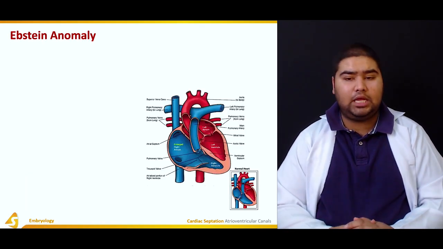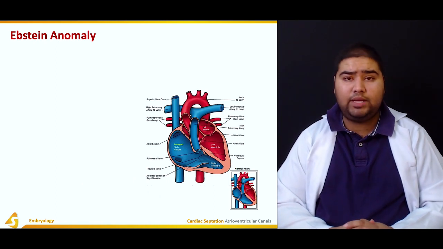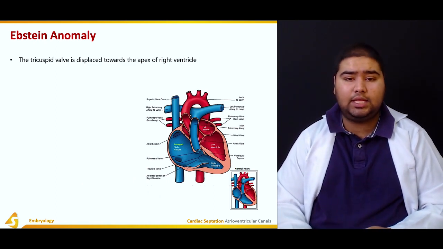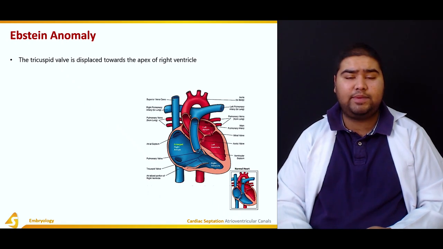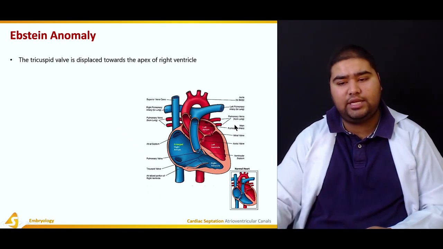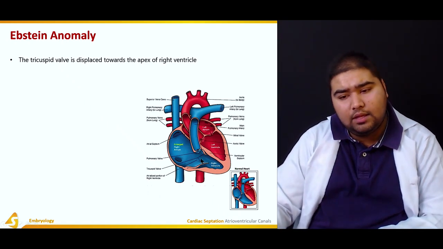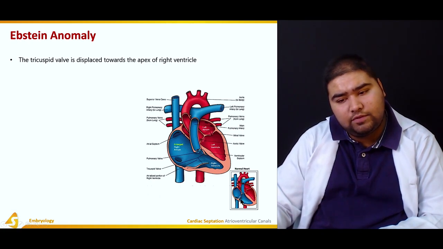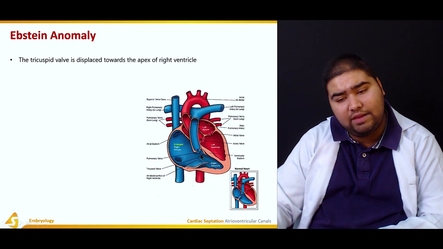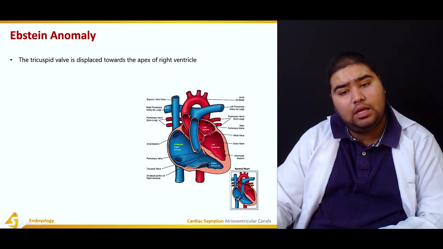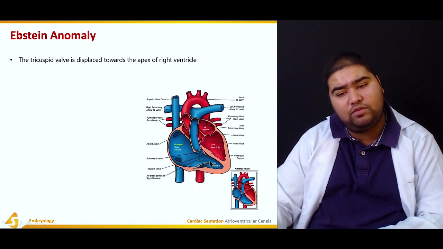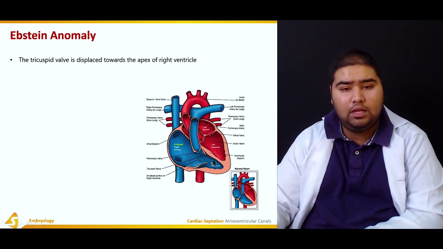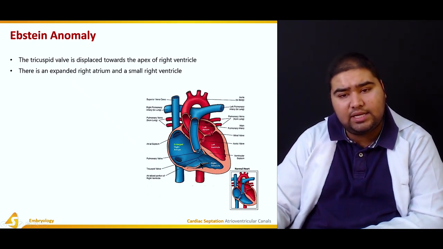So Ebstein anomaly. Ebstein anomaly is a very important condition. In this, the tricuspid valve is displaced towards the apex of the right ventricle. So here, this is the normal position of the tricuspid valve. However, in Ebstein anomaly, the tricuspid valve has been displaced towards the apex of the right ventricle. There is an expanded right atrium.